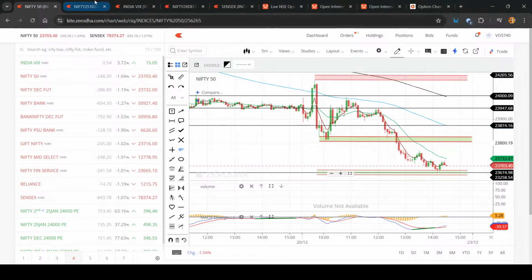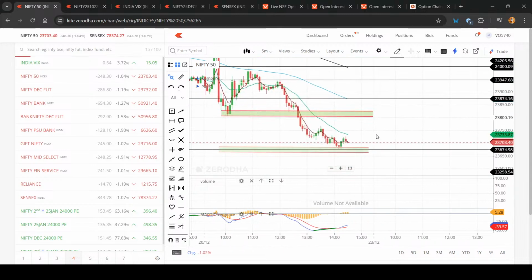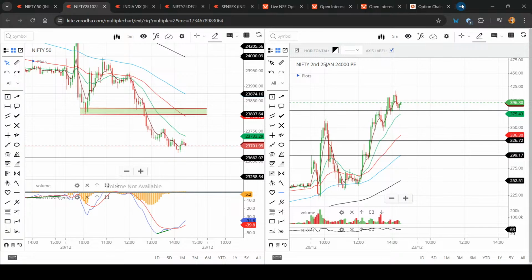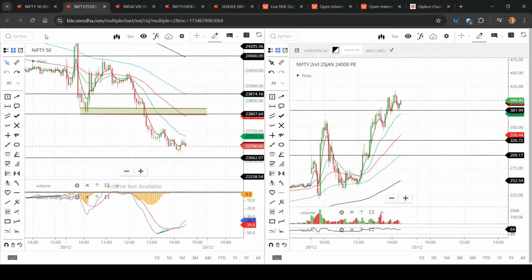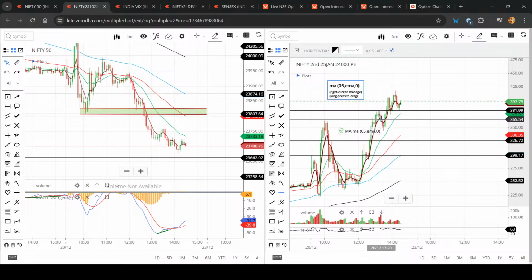Now if again we try to break 23,700, I think this time the bears won't spare us. All right, again we have come till 400, so 381 has formed a support again for this option. 380.